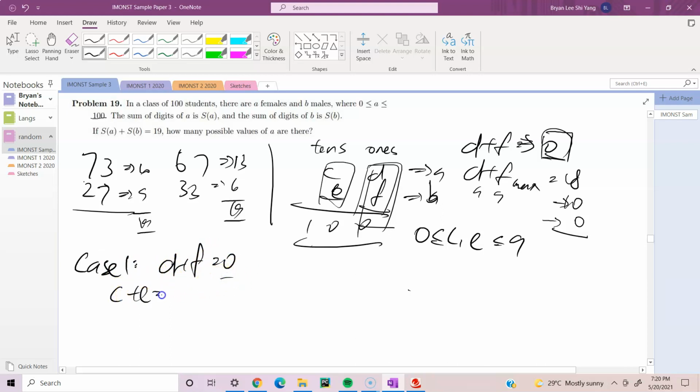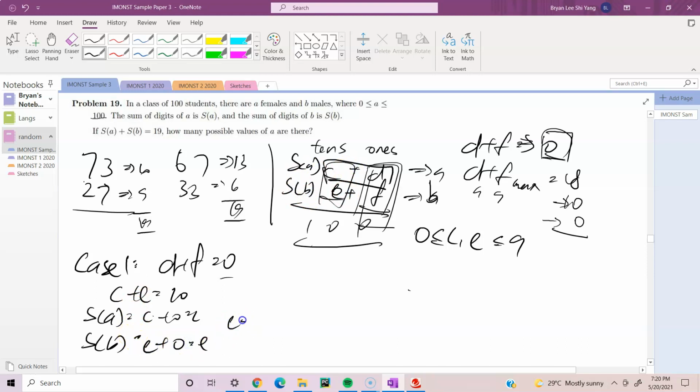Then C plus E equals 10, and A would be C plus D, B would be E plus F. With D plus F equal to 0, A is C and B is E, and C plus E equals 10, so this would not work. So D plus F equals 0 would not produce any cases, so it is not applicable.